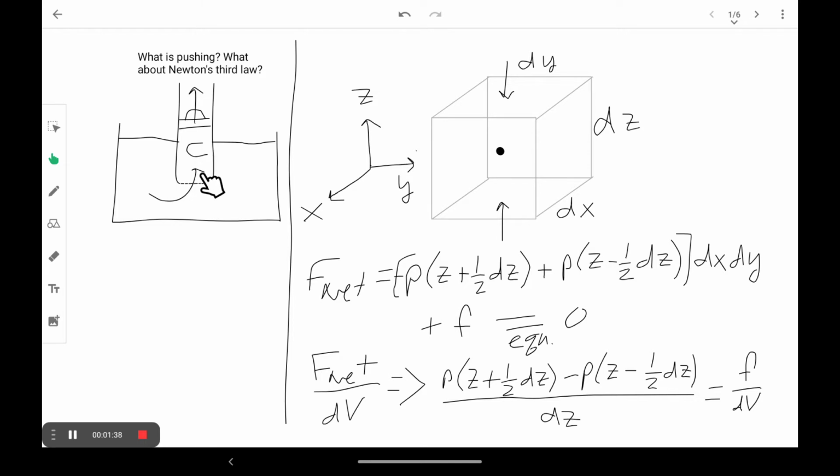If something's pushing the water up, that means the water's got to be pushing down on something by Newton's third law. And what it points to is the membrane. The membrane is what is actually pushing.